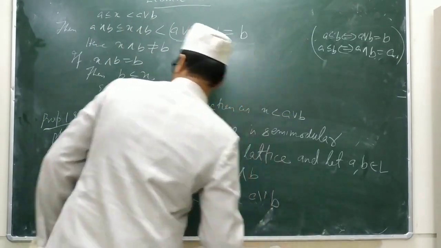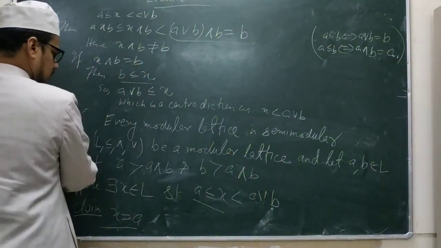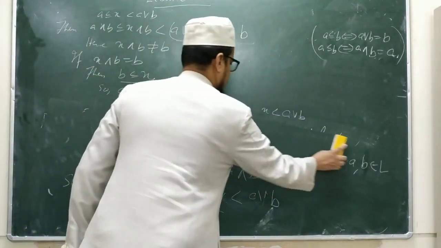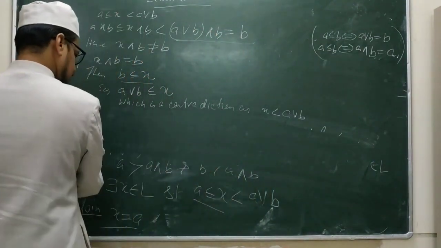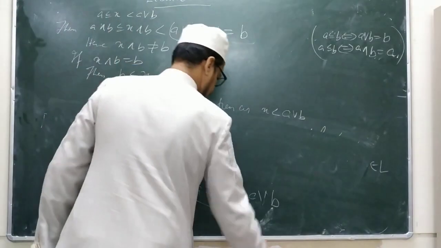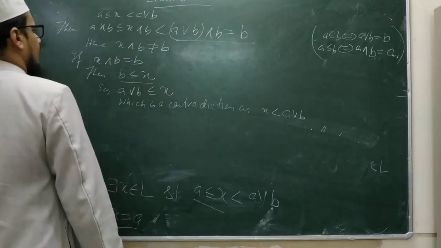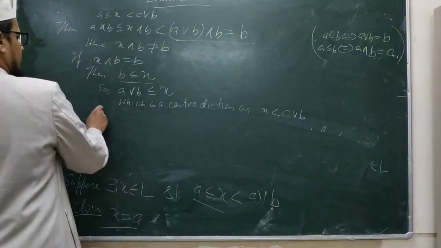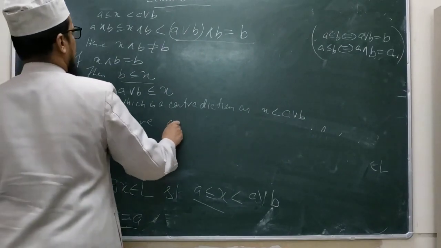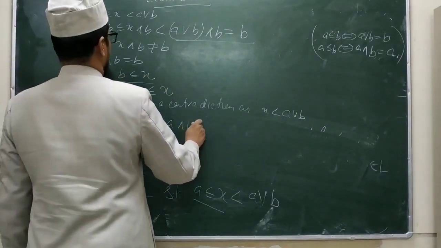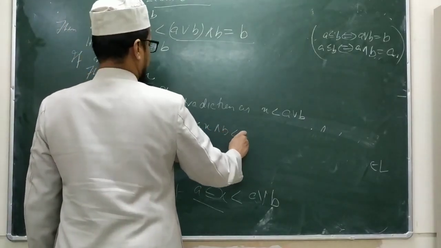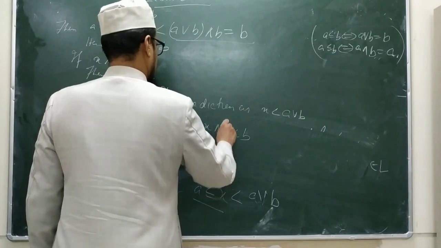So what we have is A meet B less than or equal to X meet B strictly less than B, correct?